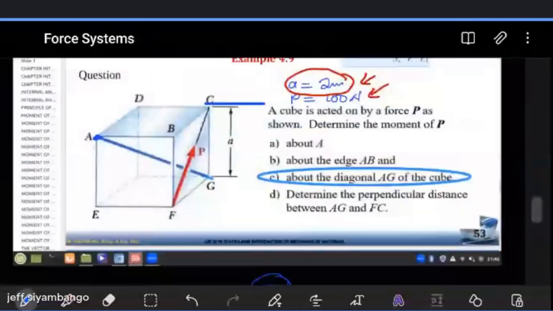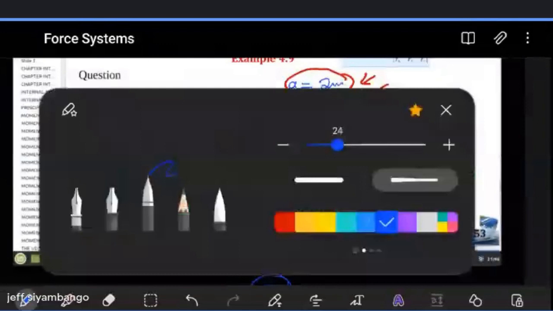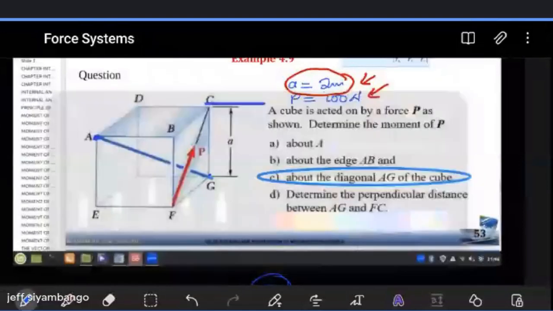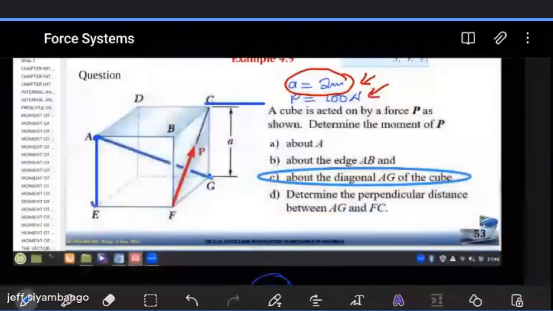So to move from A to G, notice that first we go 2 meters down, then 2 meters to F, then 2 meters to G. We would have reached our G. This is 2 meters in the K direction, and because it's down, it's negative.